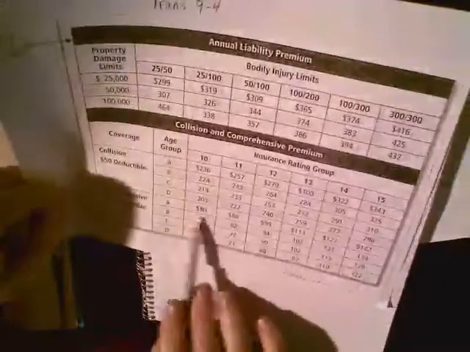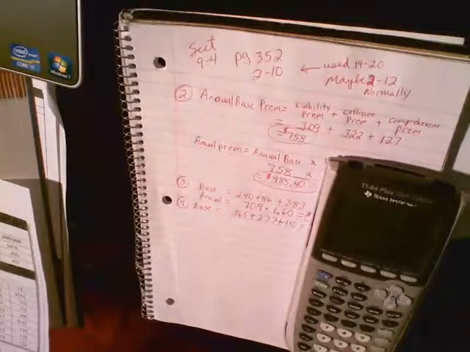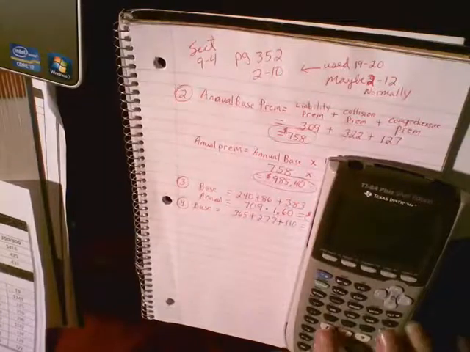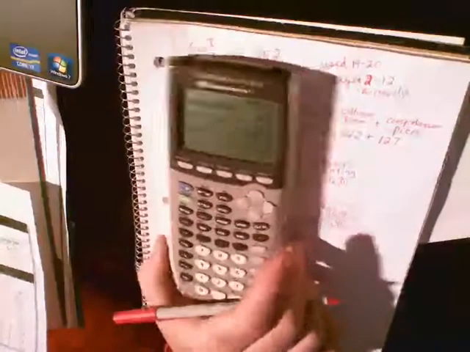For comprehensive, D14, 110. We add all those up. So 365 plus 277 plus 110, and it gives us 752.